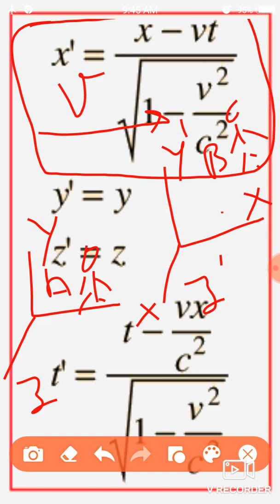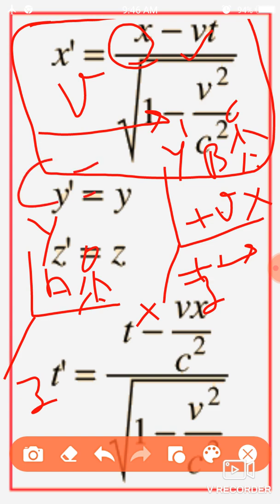Here x is the coordinate of the lab frame, v is the velocity of the moving frame, and this frame is moving with plus v velocity along the plus x axis, t is the time, and c is the universal constant, the speed of light, which has the value 3 into 10 raised to the power 8 meters per second.